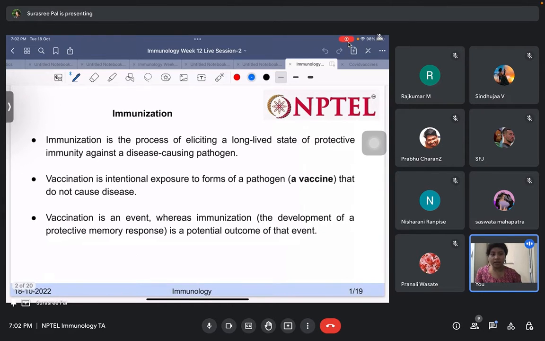So what is immunization? Immunization is the process of eliciting a long-lived protective immunity against any disease-causing pathogen. This long-lived protective immunity can result from various events. One is when we are naturally infected by any pathogen or microorganism.